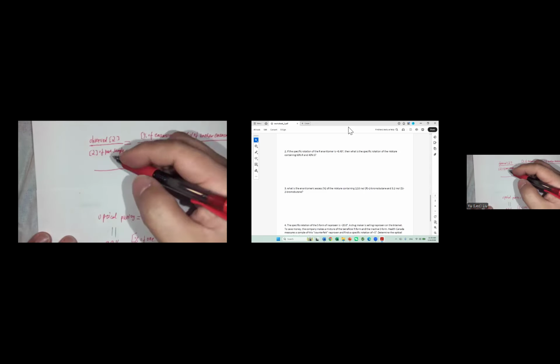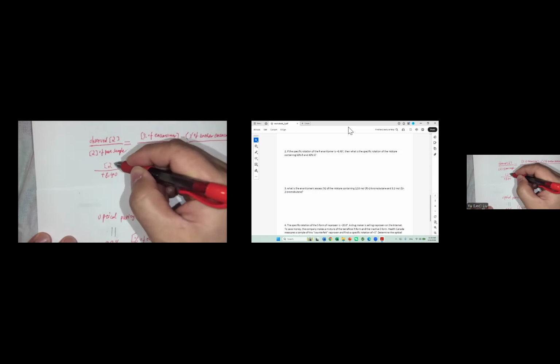Here, the total is 100%, with 60% R and 40% S, so we can still add them. Then the enantiomeric excess is 60% R minus 40% S. Next, on the right, the pure R sample is plus 8.4, and we are asked for the observed rotation of this mixture. We have all this information, so it's easy to figure out.